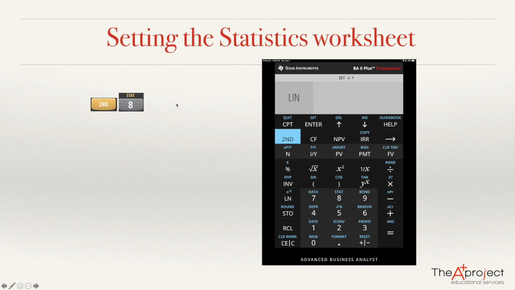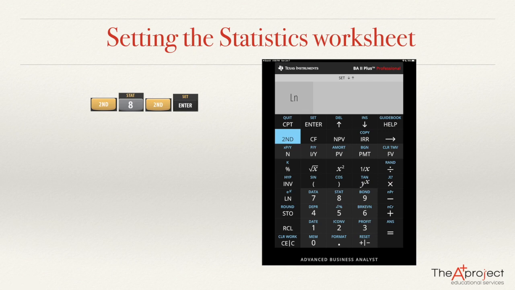Observe that you can see what I'm pressing if you look at the keys on the left. This LIN stands for the linear regression mode, and it will be useful for estimating linear regression parameters, one important topic in statistics. You will need to press the key second function and set, that is the same key as enter, to change this mode. So pressing second function set changes this to the LN function.